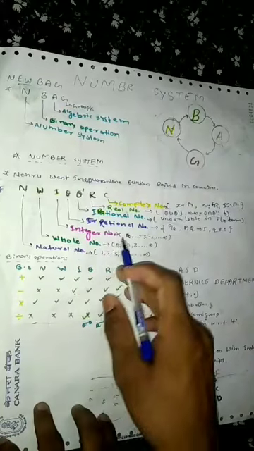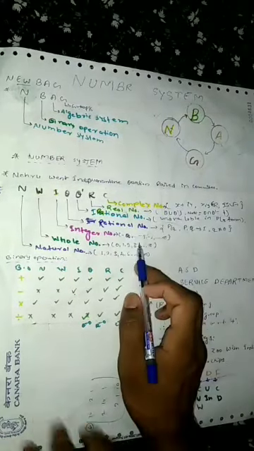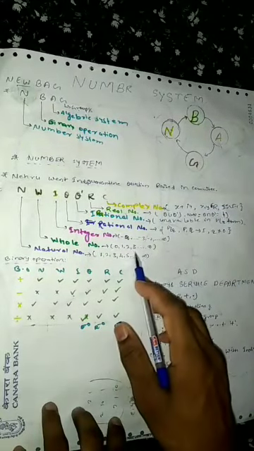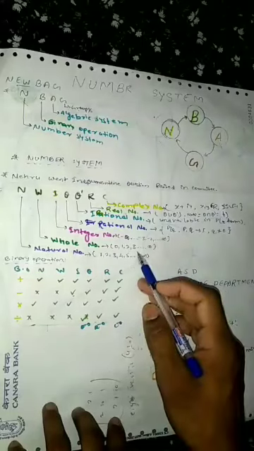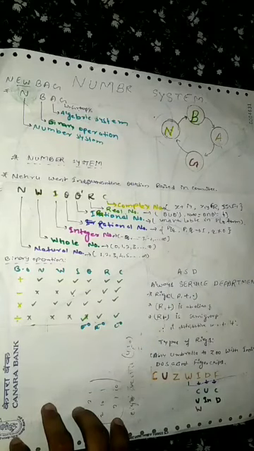Then next is integer numbers. Integer numbers start from minus infinity up to infinity, like the examples minus infinity, minus 3, minus 2, minus 1, 0, 1, 2, up to infinity.